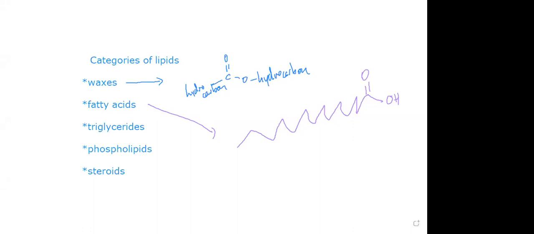So it has to have the acid group on the end. And so that's what separates the fatty acid from the wax. There's no ester part.